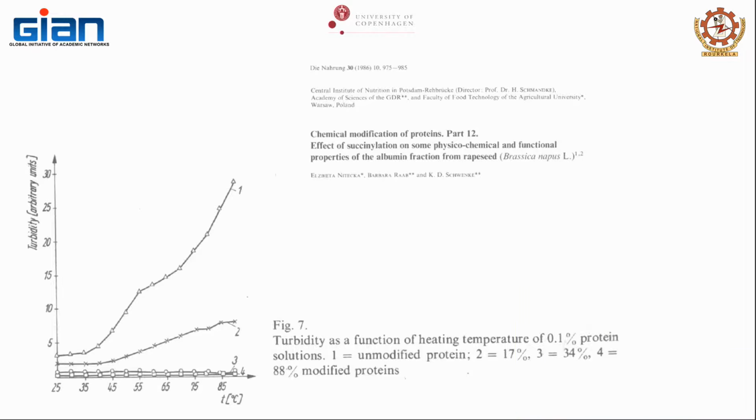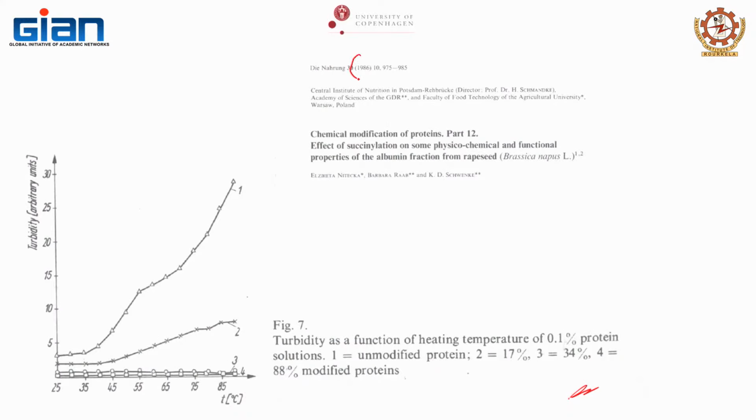I like this very old paper. I was talking about how everybody publishes only the positive result, and this was a paper from 1986, even before I was born, right. They were trying to modify proteins, especially the rapeseed protein, by succinylation, and they clearly show that turbidity is compromised.